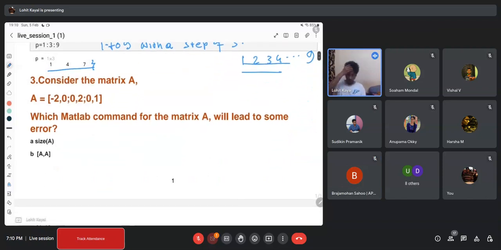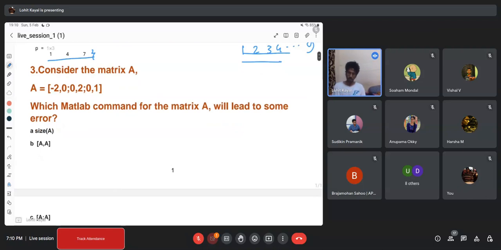First of all, I will give you a brief recap about how to write a matrix in MATLAB. Suppose I want to write a matrix, don't consider this question right now. This is a matrix, we all know.